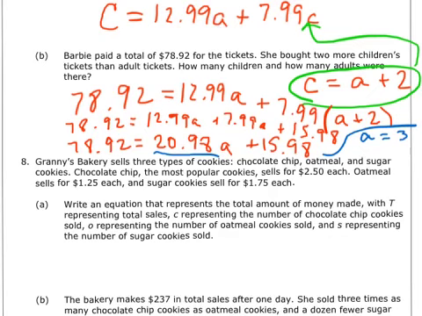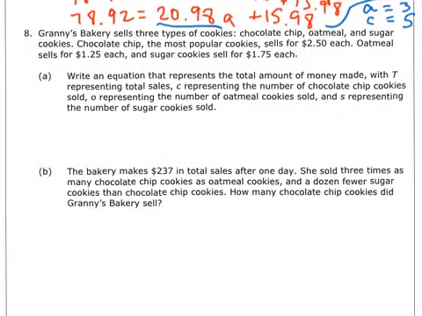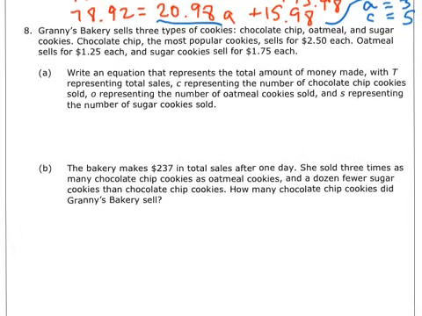So the number of adult tickets is 3, which means the number of children's tickets is 2 more than 3, which is 5. So the answer is 3 adult tickets, 5 children's tickets. If you need extra room on any worksheets, just pull out a piece of paper and staple it on.